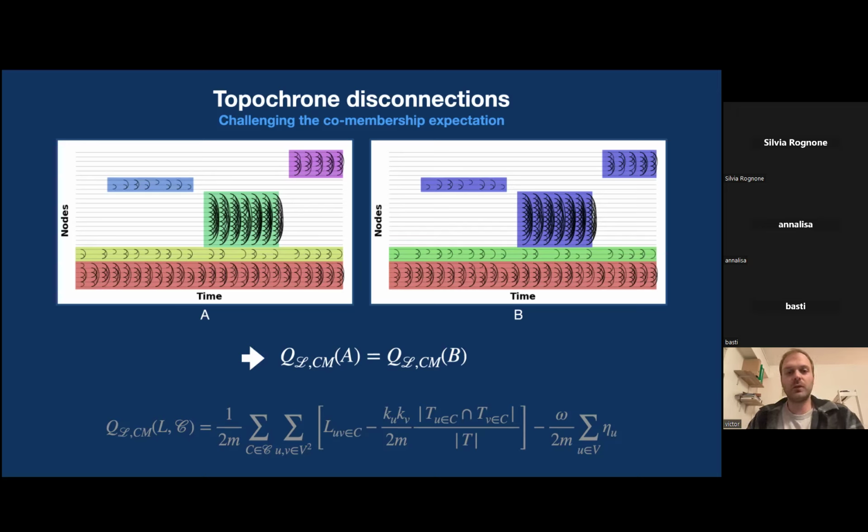But intuitively, we would like to say that the community structure A would be better than the B because you have separated sublink streams that you want to put in separated communities. So this is why we have two more expectations.